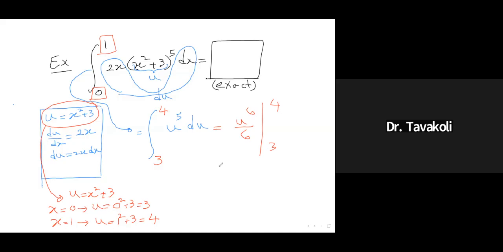This equals the evaluation of this function at 4, which means 4 to the 6 over 6, minus the evaluation of this function at 3, 3 to the 6 over 6. The common denominator is 6. 4 to the 6 minus 3 to the 6 is going to be 3,367. And this cannot be simplified more, so that's the exact value of this integral.